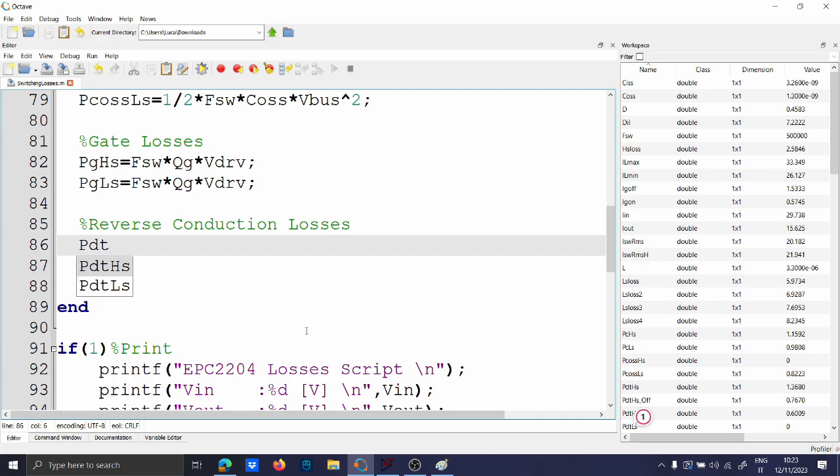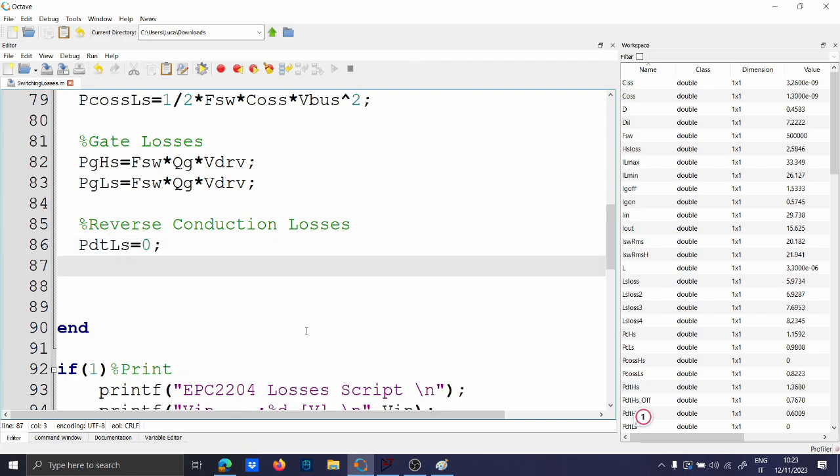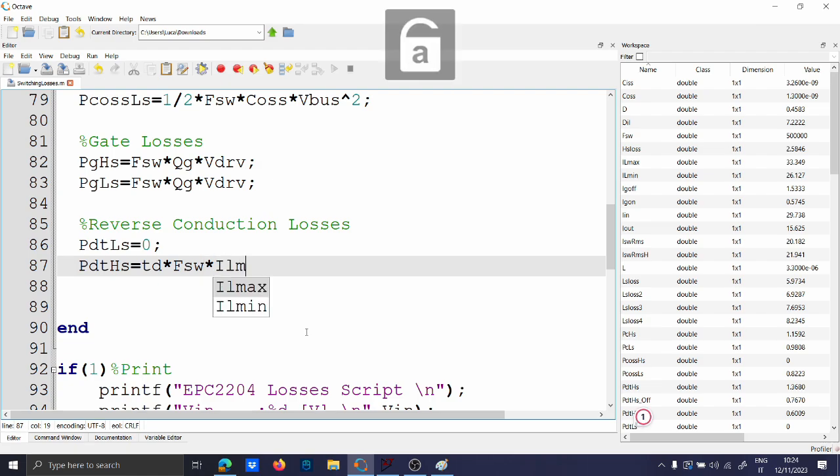So PTD low side is equal to 0 because the low side is not conducting. In the high side, PTD high side is equal to the dead time TD times the switching frequency times IL min times IL times V forward.